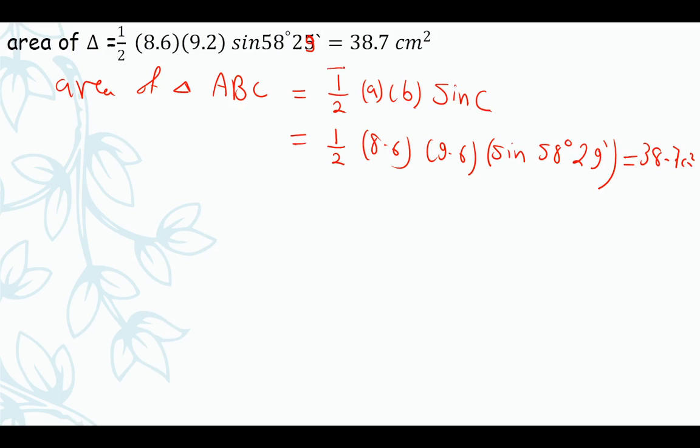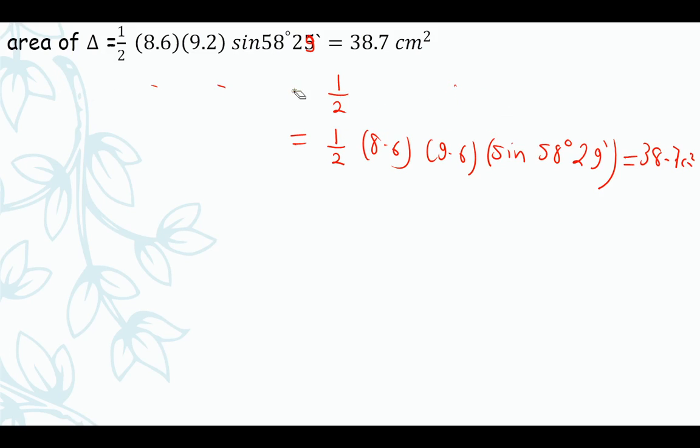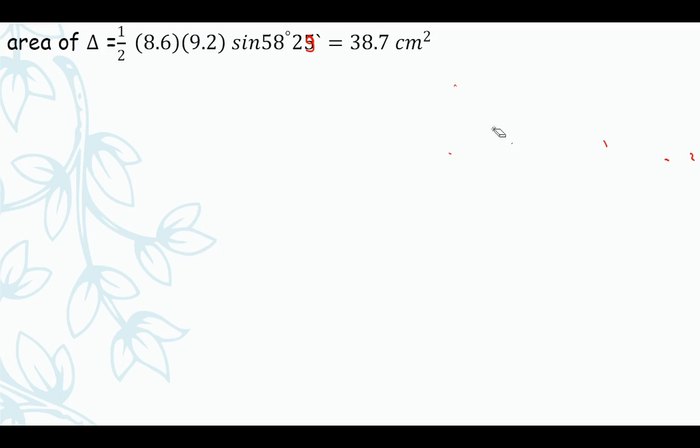The rule to get the area of a triangle: half multiplied by A multiplied by B multiplied by sine C. Here the steps again.